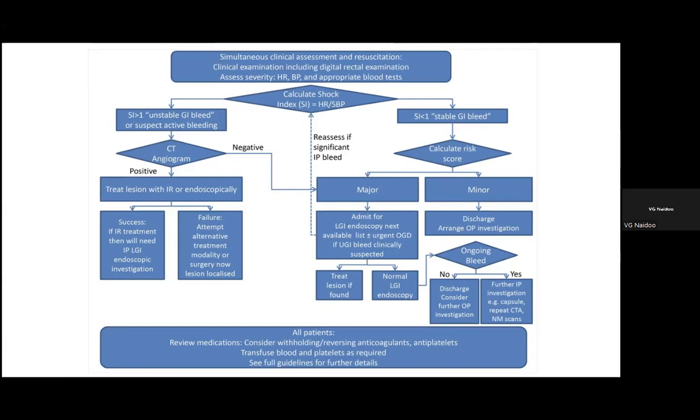I think there you'd really want to have that upper scope performed as early as you can. Because to be honest, all sorts of upper GI hemorrhaging are easier to resolve endoscopically than trying to hunt for something in the large bowel, where the other issue is preparation.